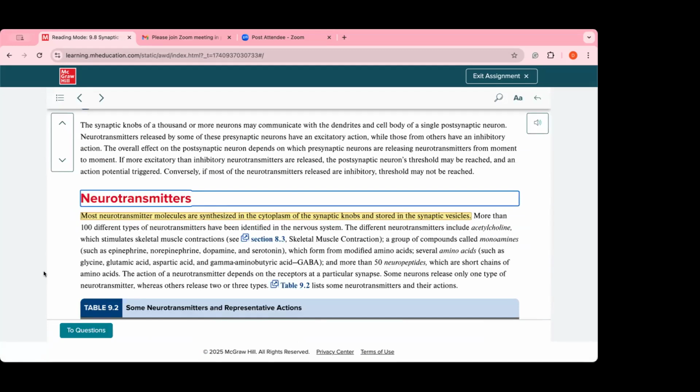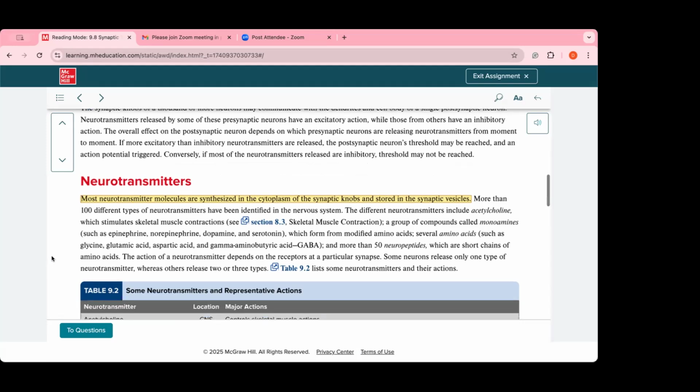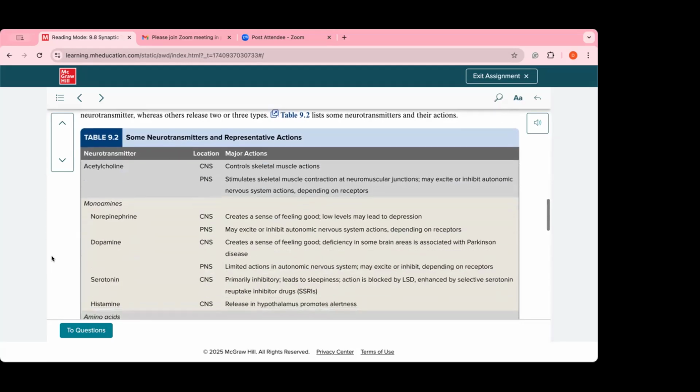Most neurotransmitter molecules are synthesized in the cytoplasm of the synaptic knobs and stored in the synaptic vesicles. Scroll down to the table of neurotransmitters and actions.